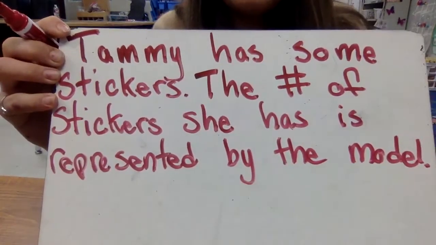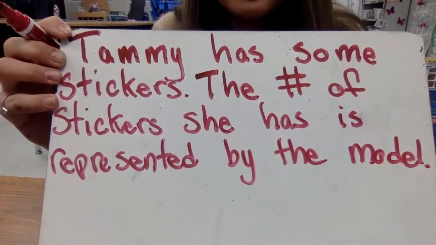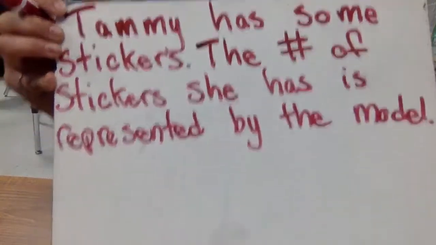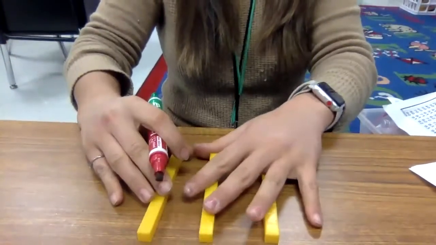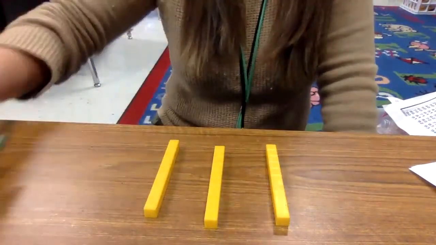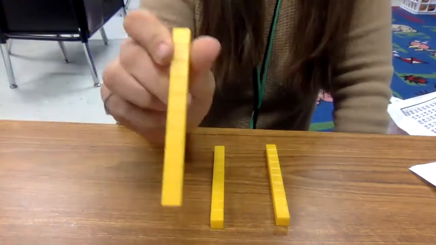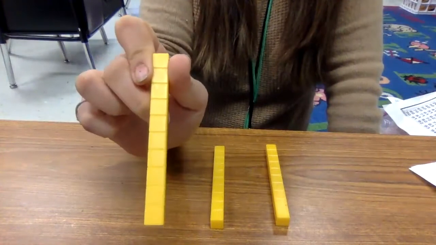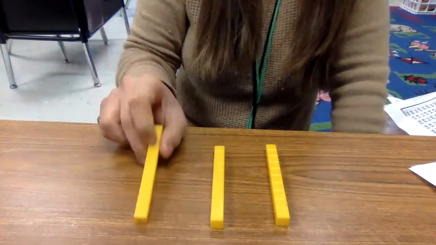Tammy has some stickers. The number of stickers she has is represented by the model. Well, here's our model. Let's skip count by 10 to decide how many stickers Tammy has. Remember, one of these equals how much? 10. Very good.